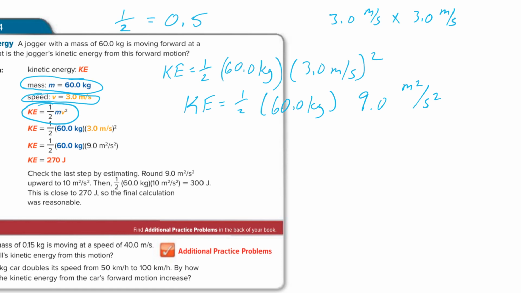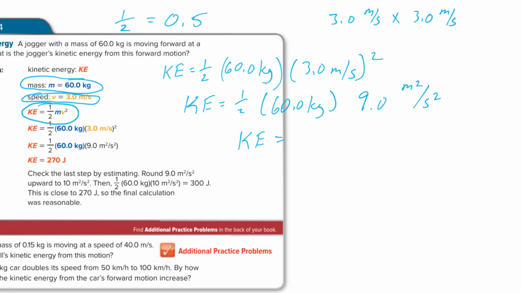So you can say 60 times 9 times 0.5, or divided by 2, either way. You should end up with kinetic energy equal to 300 joules. Or actually, that's the rounded version. I'm sorry, I was looking over here at the problem set.